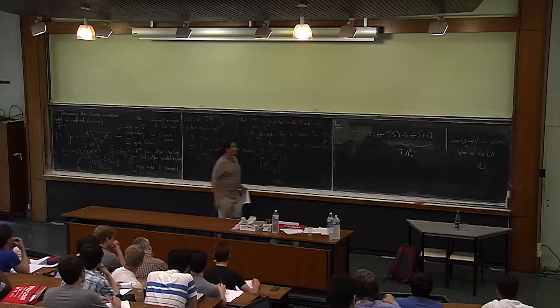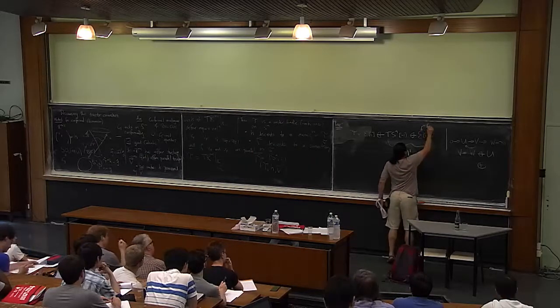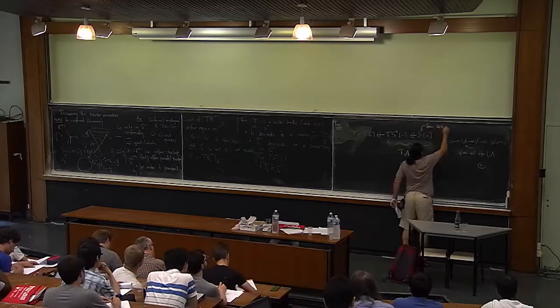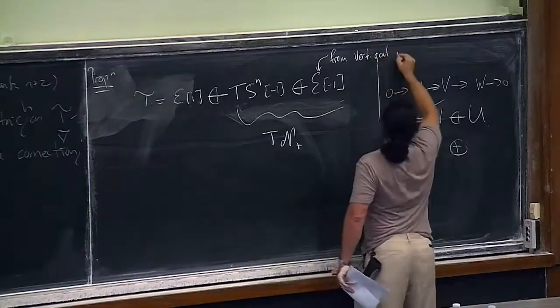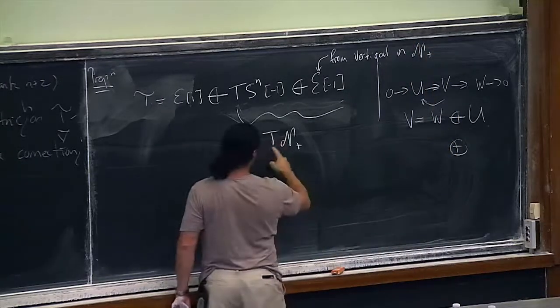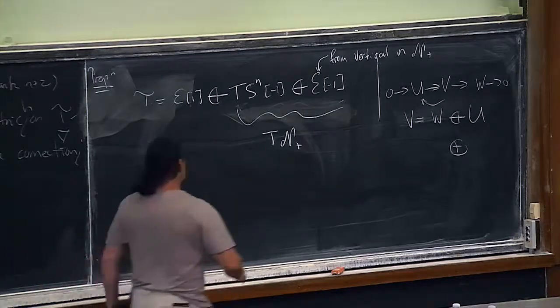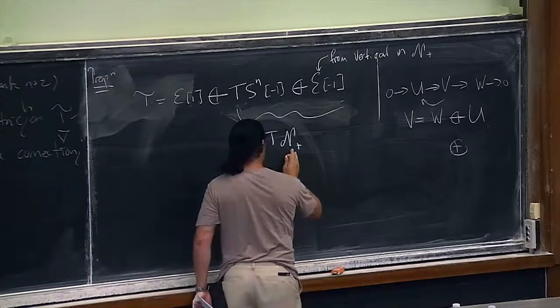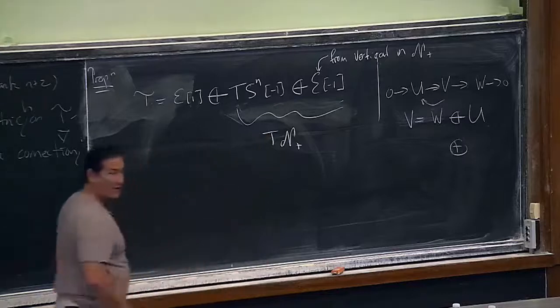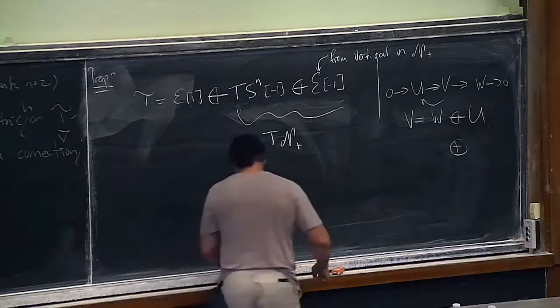So this comes from the vertical directions. They are generated by the Euler vector field. They sit inside the tangent space to the null cone, and then you have the whole thing. So that's why you get a filtration structure on this.